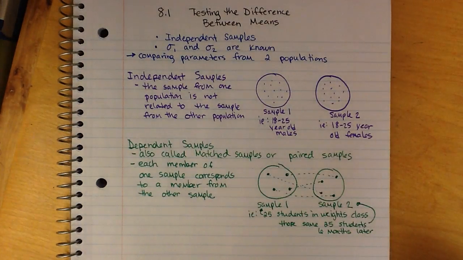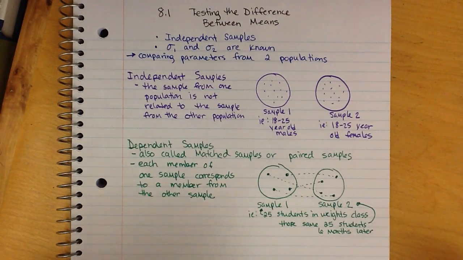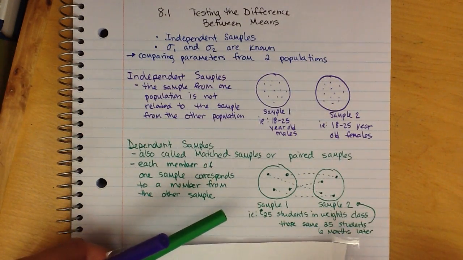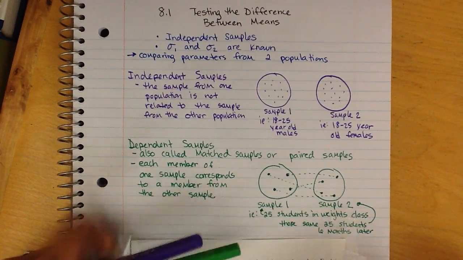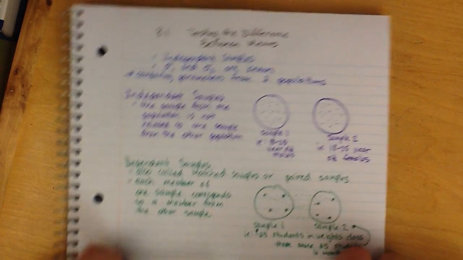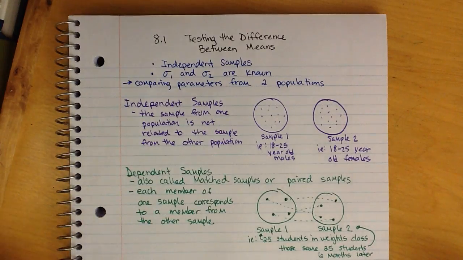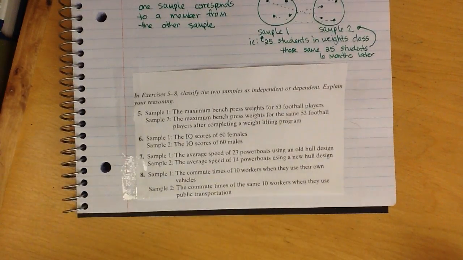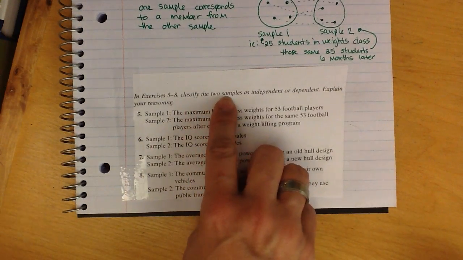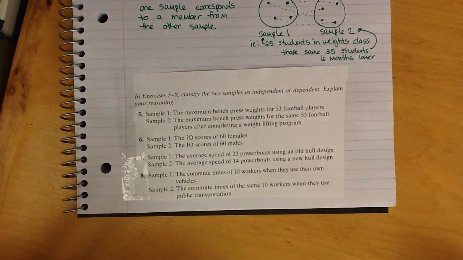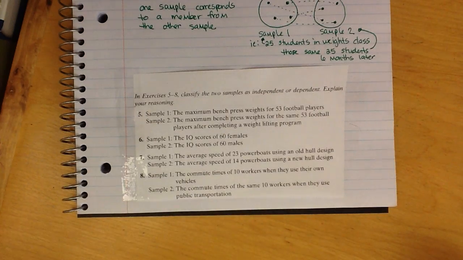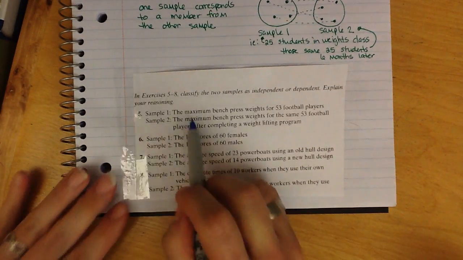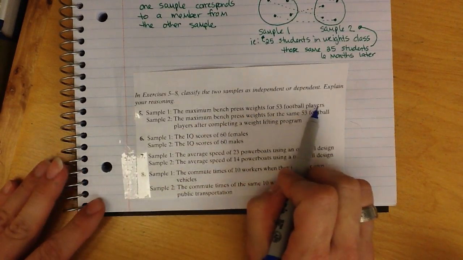So let's look at some examples and decide whether our samples are dependent or independent. We're supposed to classify the two samples as independent or dependent and explain our reasoning. We might just explain it verbally and not write it down. Sample 1 has the maximum bench press weights for 53 football players.